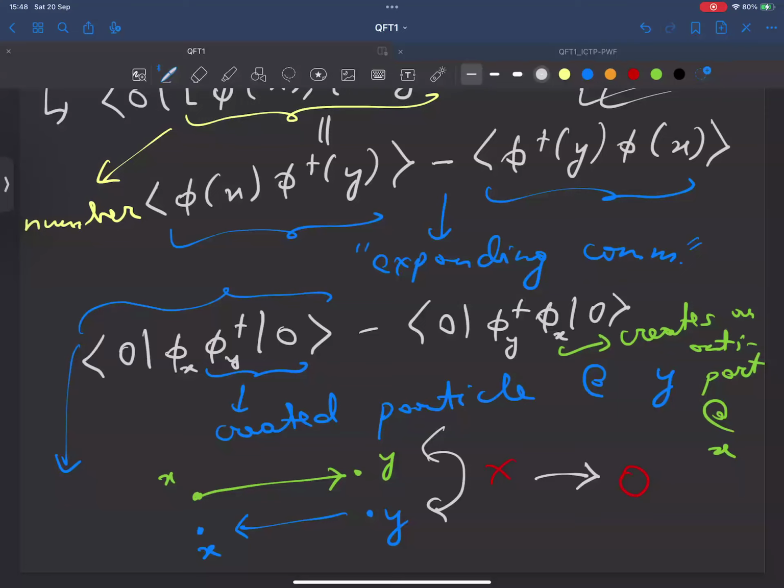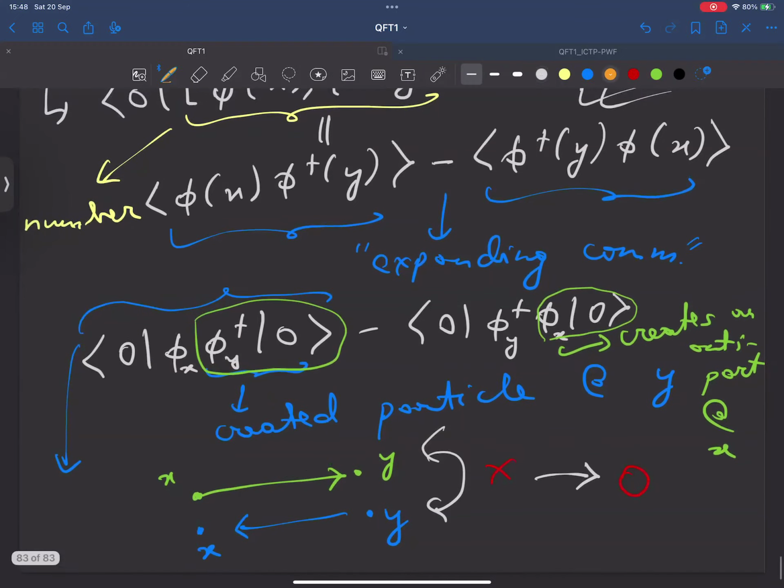Good. Isn't phi x creating an antiparticle? No. I said that this part creates a particle, and this part creates an antiparticle. If you take the Hermitian conjugate, then that will be different now.